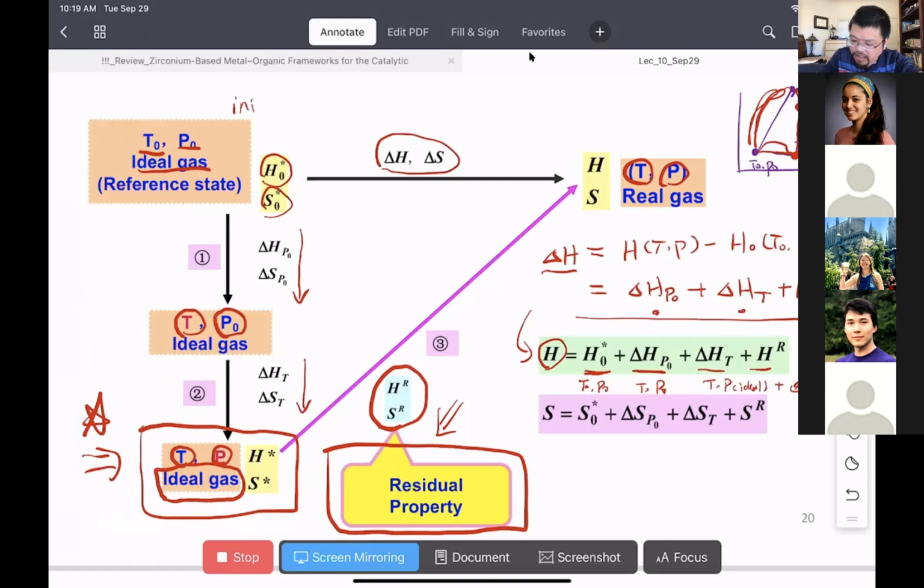Now, if we add some other condition into this, we shall be able to measure what would be the difference between the real and the ideal gas at the same temperature and pressure. Or in a way, we are able to measure the newly defined residual property.